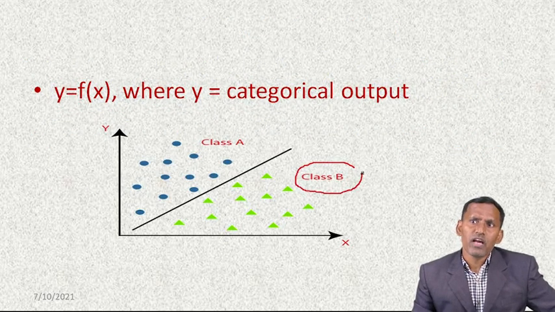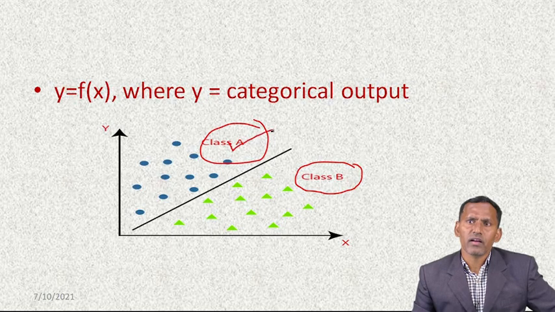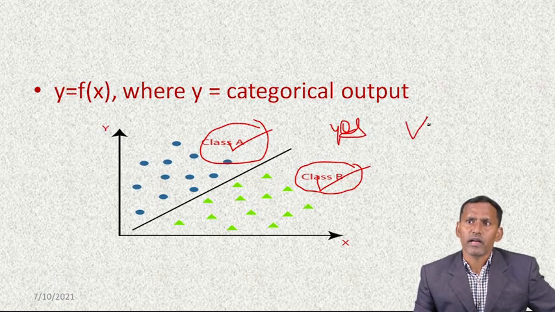So we have built the model which contains two classes, right? This picture is showing class A and class B. We built the yes or no category.